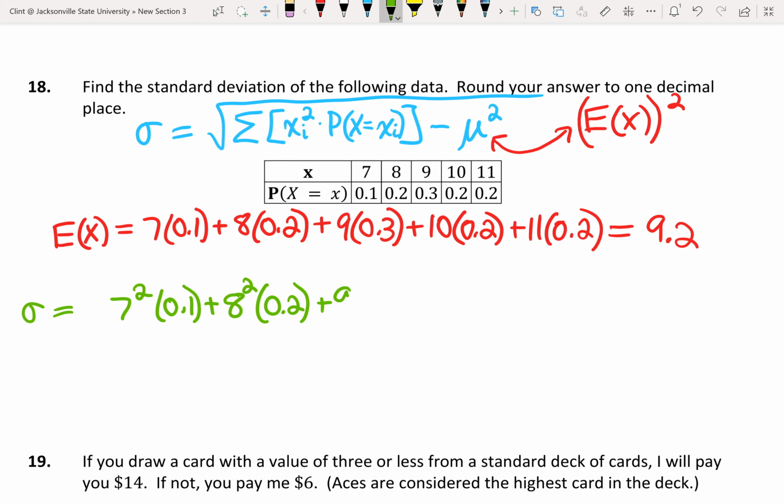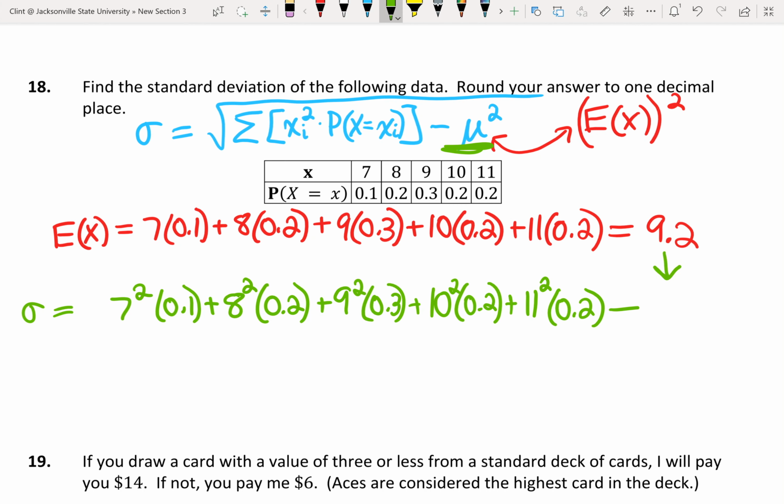Plus 9 squared times 0.3 plus 10 squared times 0.2 plus 11 squared times 0.2. Okay, and then we got to do this part. So minus 9.2 squared.